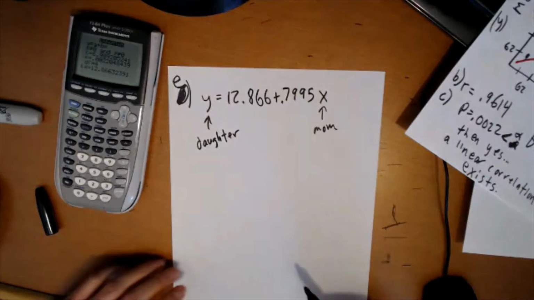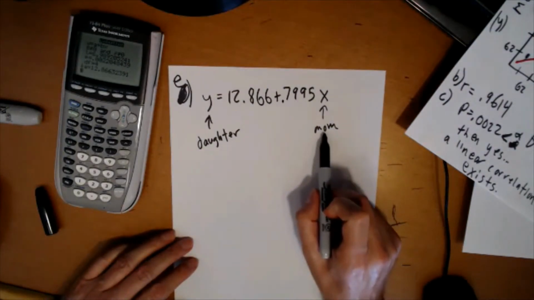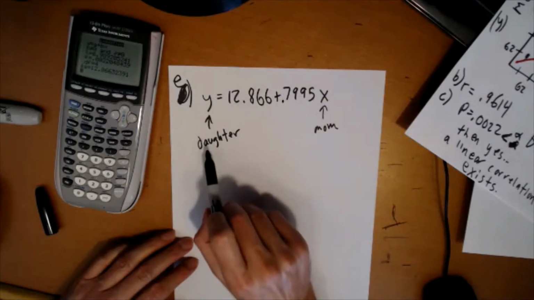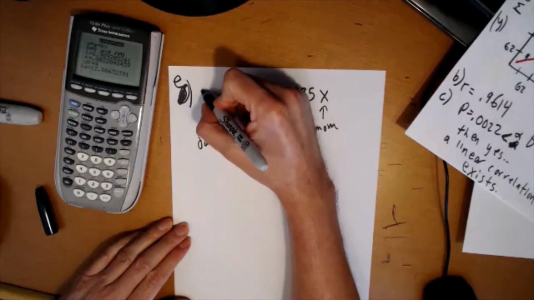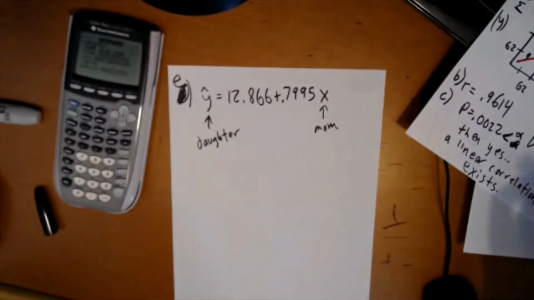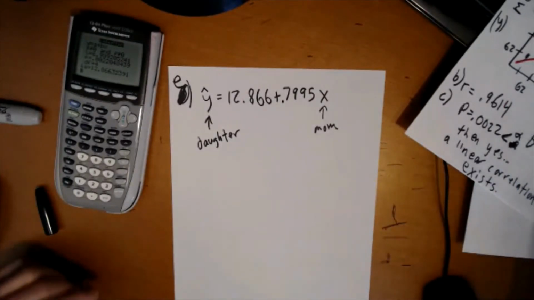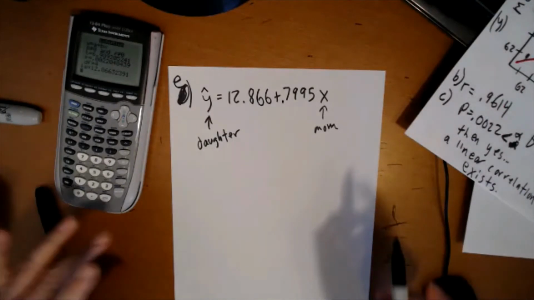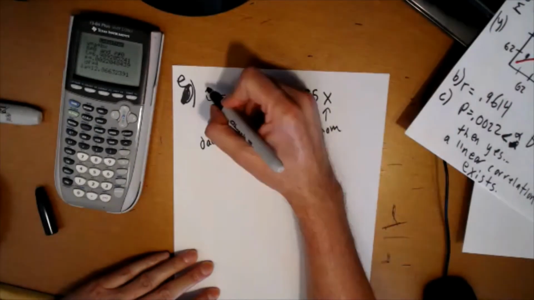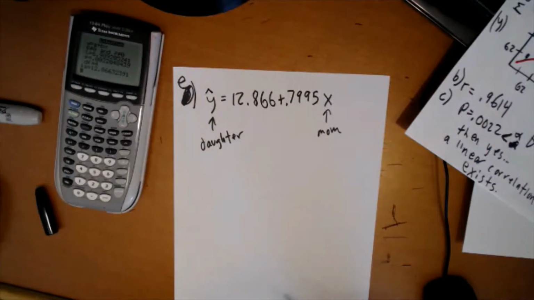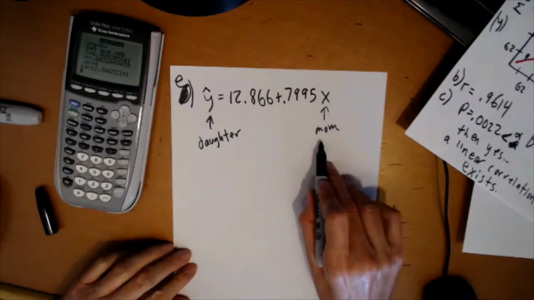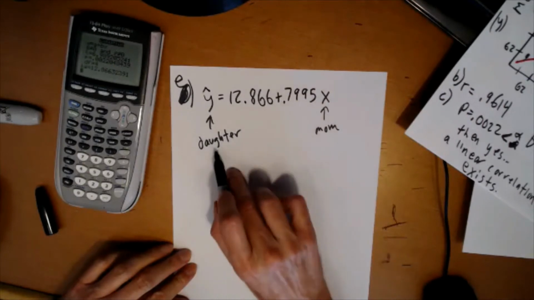So the whole idea is you tell me how tall mom is, and I will predict how tall daughter will be. Since we're predicting, if you look at our book, they call it y hat. Most software packages just call it y equals mx plus b, but technically speaking, we're predicting. So our book will put a little hat above it. You can put a hat over it if you want, since we're predicting.